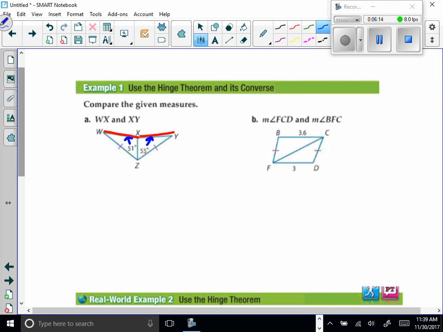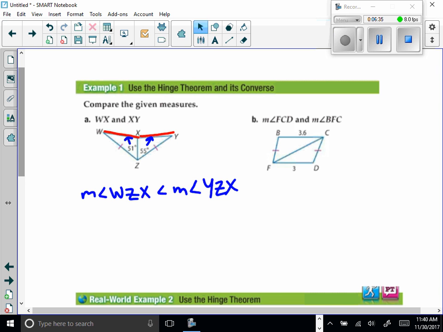So the measure of angle WZX is 51, and so it's less than the measure of angle YZX.